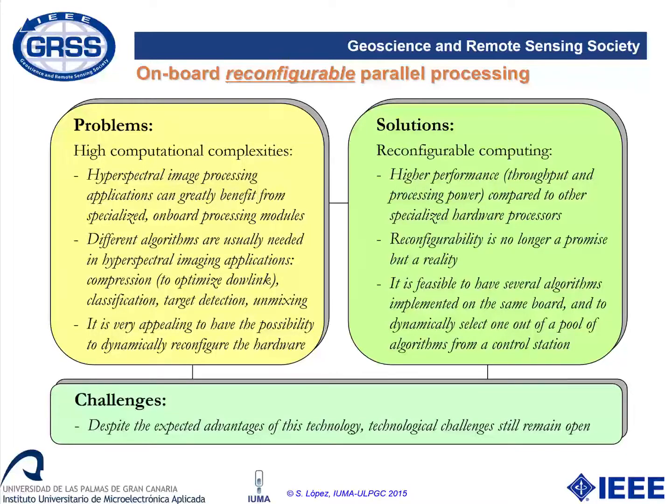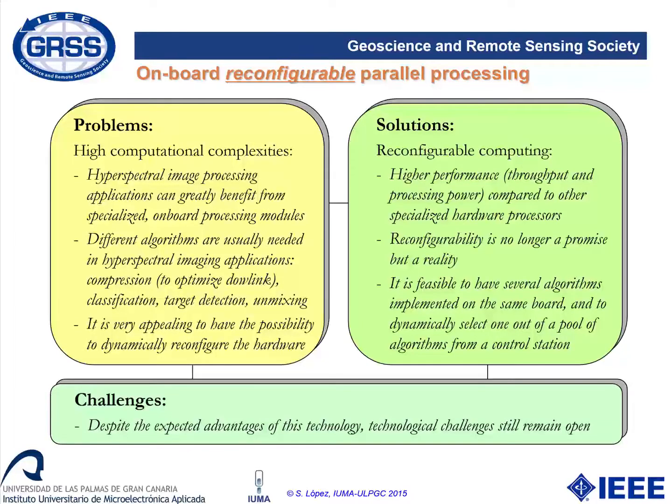But what we have to notice is that normally in satellites we would like to run different algorithms because we are dealing with different applications. For example, let's think that we have a situation in which we would like to compress the data, but in some other situations to perform a classification over the data we have captured, or unmixing or target detection.